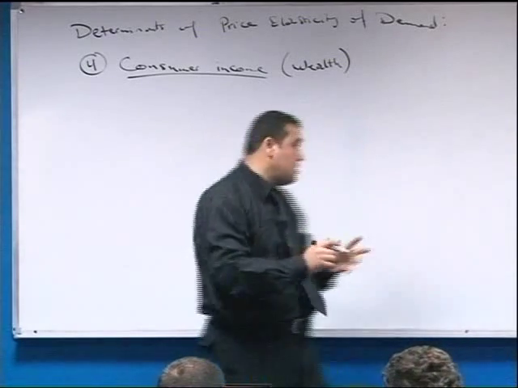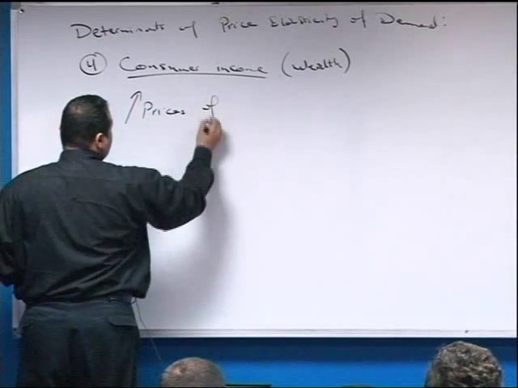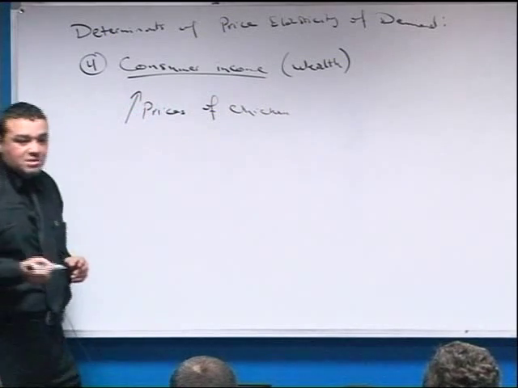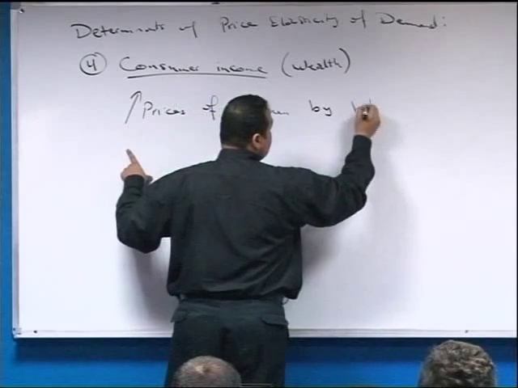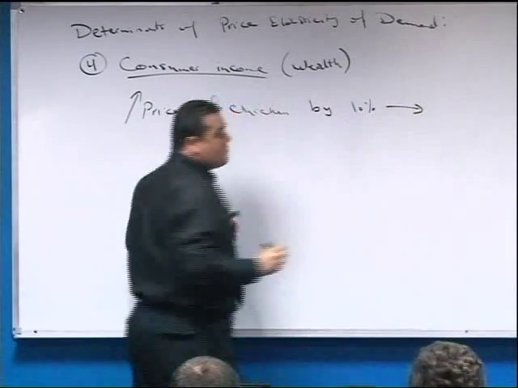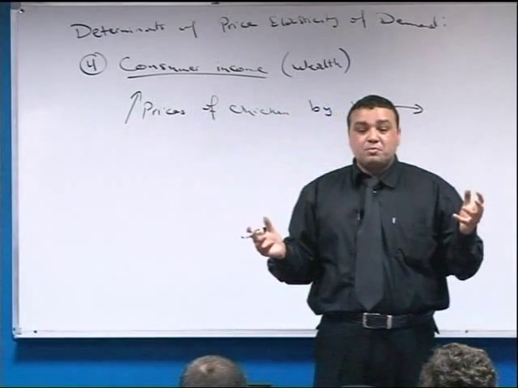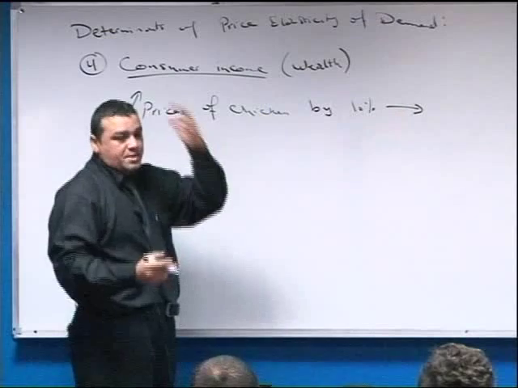So as you see, if the price of a chicken increased by 10%, the quantity demanded for the poor families would decline maybe by 10% or 20%.